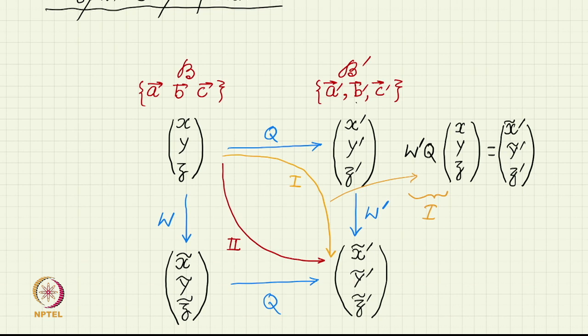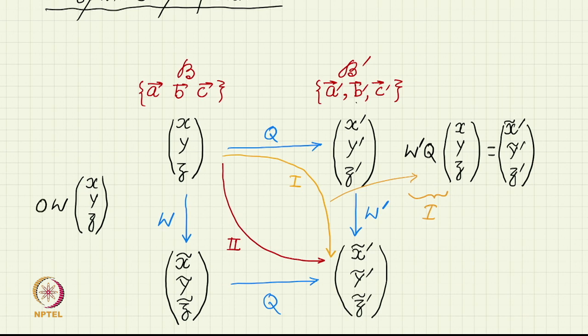Now, let us apply path 2. We first do the rotation itself. So, we again have x, y, z. We rotate it. How do we rotate? Multiply by w and then do the basis transformation. How do I do that?